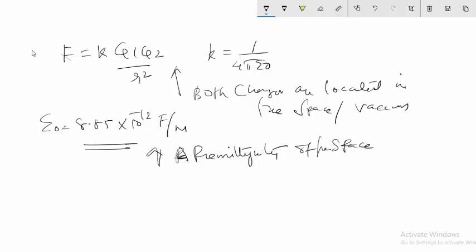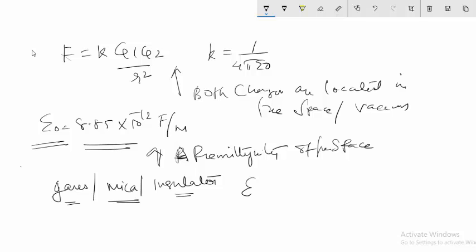So this is the ease with which the electric field can travel in free space, and whenever you are dealing with some other medium, like a gaseous medium, or the electric field which is flowing through a medium like mica or an insulator, etc., you would have to consider the permittivity of that material, which is known as the relative permittivity.